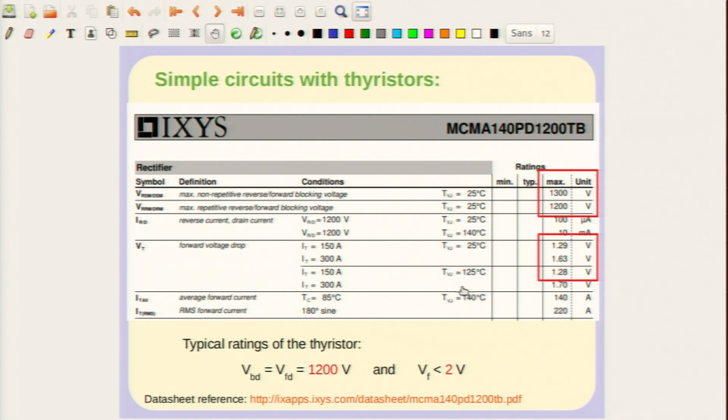So, this is one thyristor which has a blocking voltage of 1200 volts. This of course can be used for general purpose 230 volt supplies quite easily. So, this thyristor can be used in circuits in which the forward or reverse voltages across it do not exceed this value.